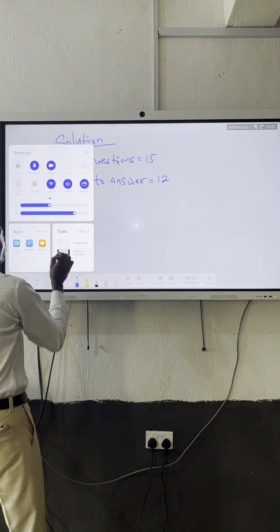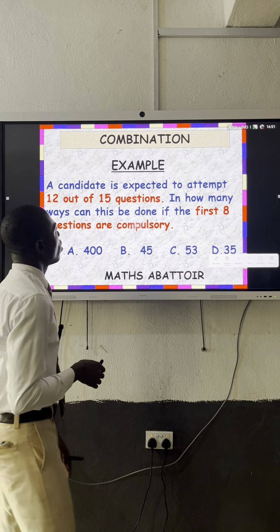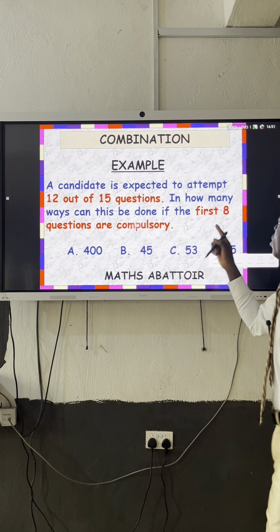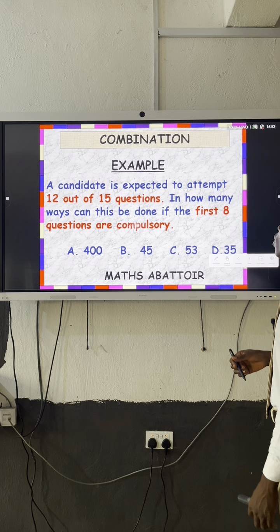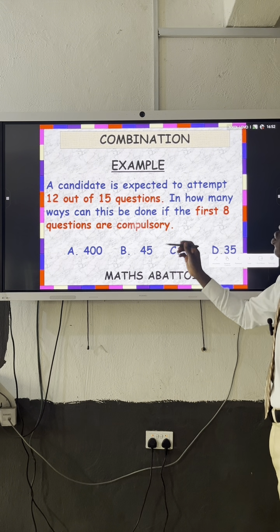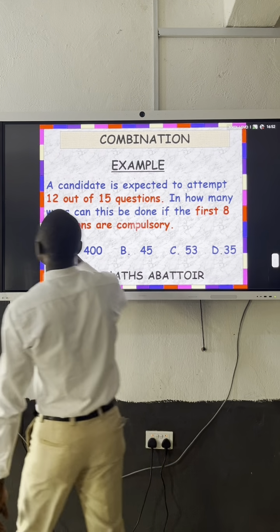The question asks how many ways this can be done if the first 8 questions are compulsory.